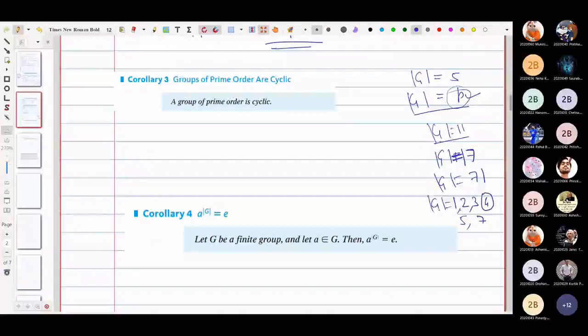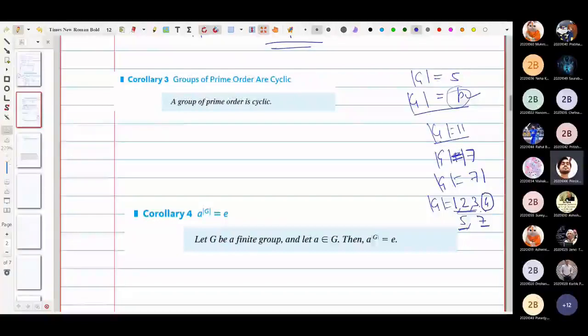So groups of order 1, 2, 3 are cyclic. A group of order 5 is cyclic, a group of order 7 is cyclic. But we are not sure about order 4, we will see later whether it is cyclic or not.